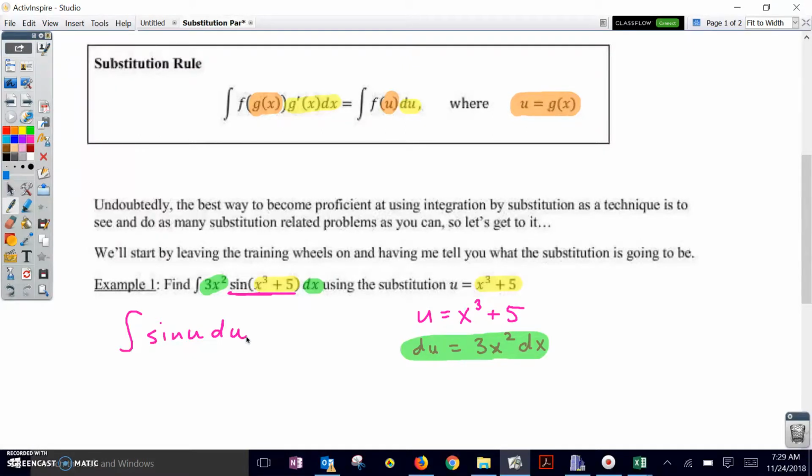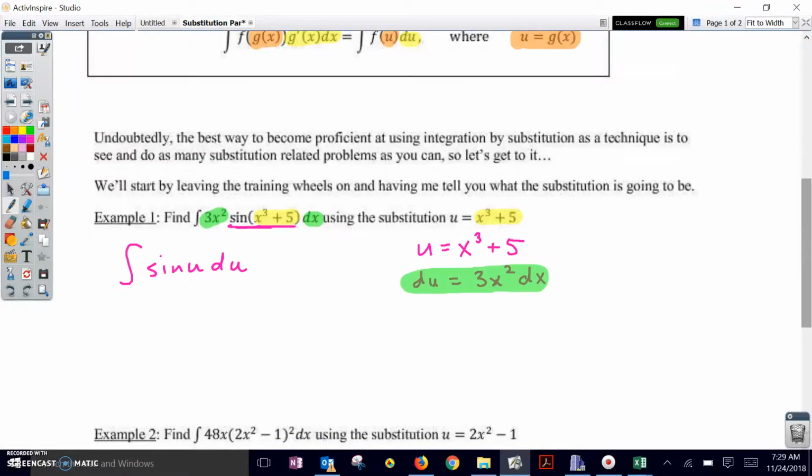This is one that we can find by basic anti-differentiation, so we're going to go ahead and do that. The antiderivative of sine of u is negative cosine of u plus a constant.